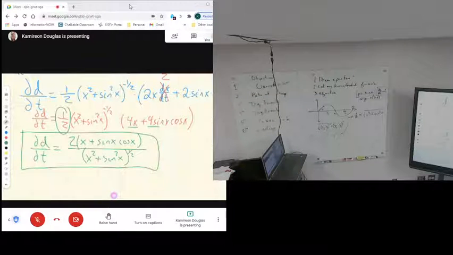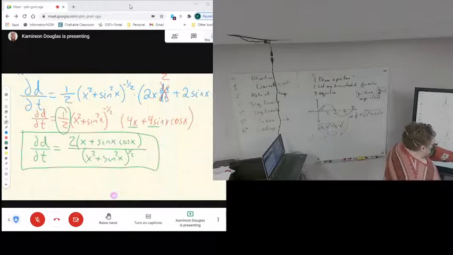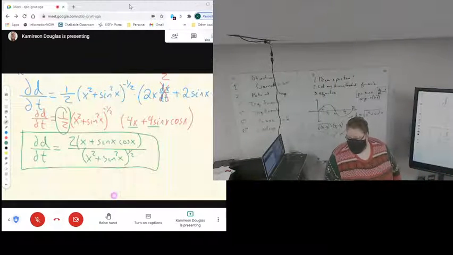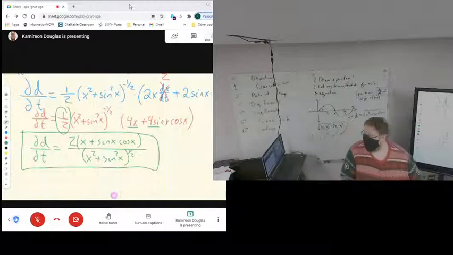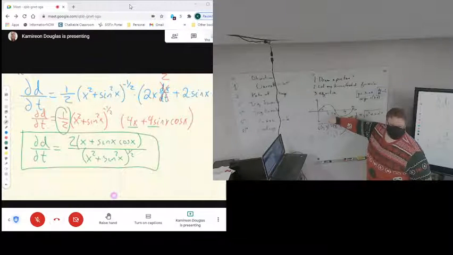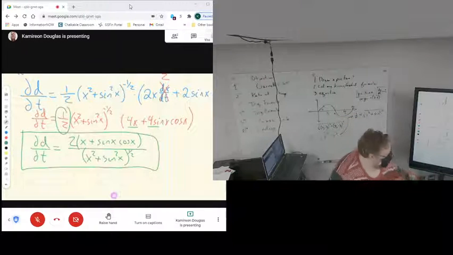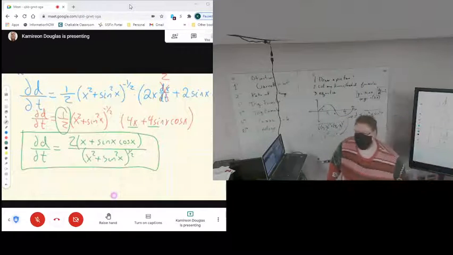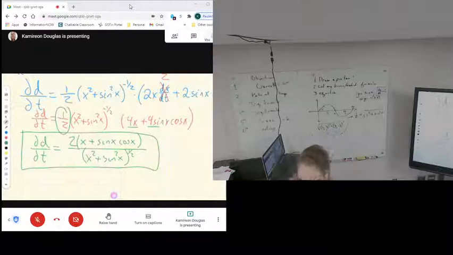So this one specifically asks the rate of change of the distance, dd/dt, is the correct solution. In fact, as a function is good, because now it's a function with respect to x. Meaning if I want to know what's happening at 3 pi over 4, I just take the x value, plug it into this function, and we can see how the distance is changing with respect to time.